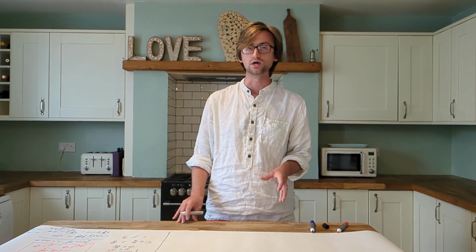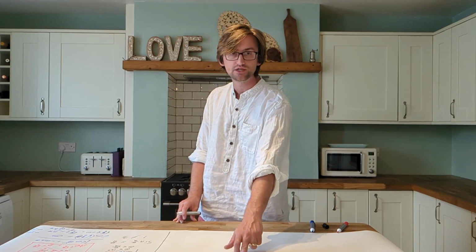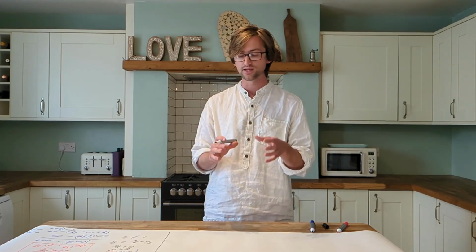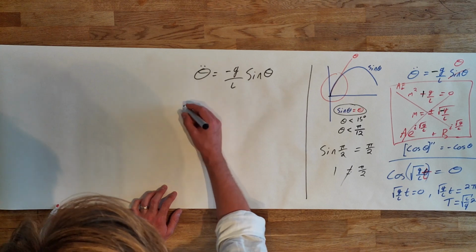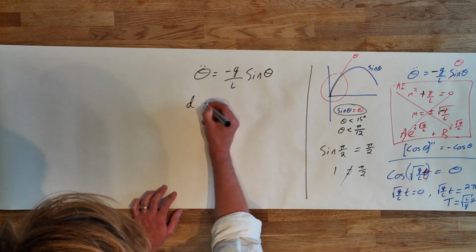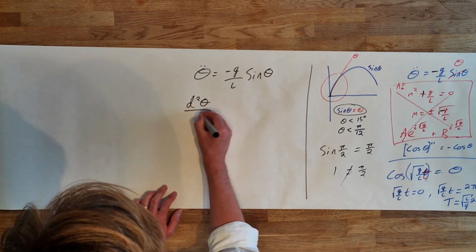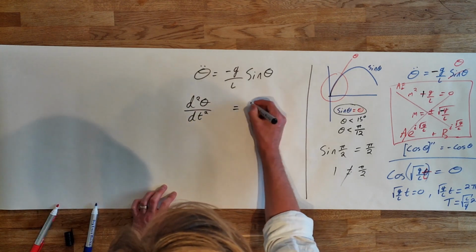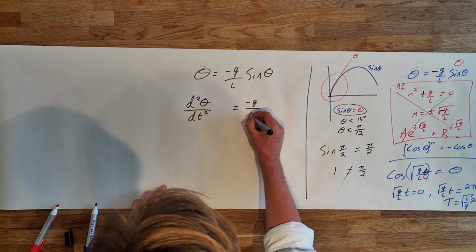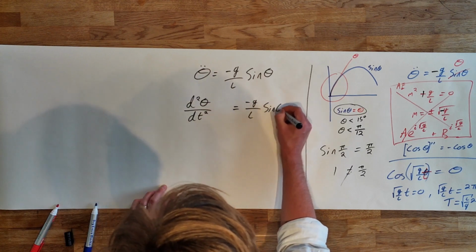And to make this work, I think what I'm going to do is stop writing it using this Newtonian notation and instead use the d theta dt notation, because that'll be clearer for me. So I'm going to say d squared theta over dt squared is equal to negative g over L sine theta.